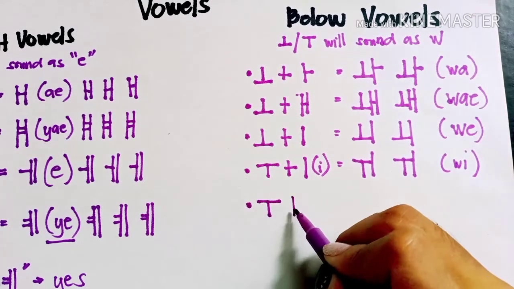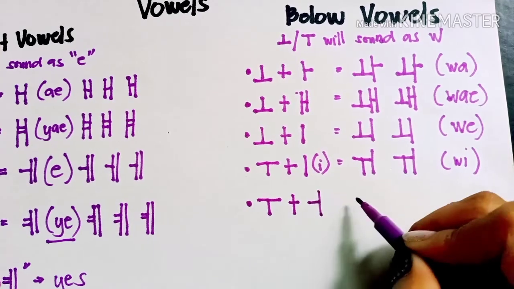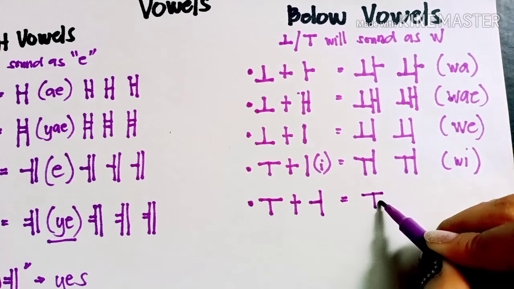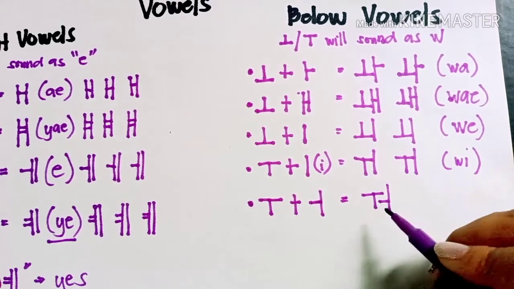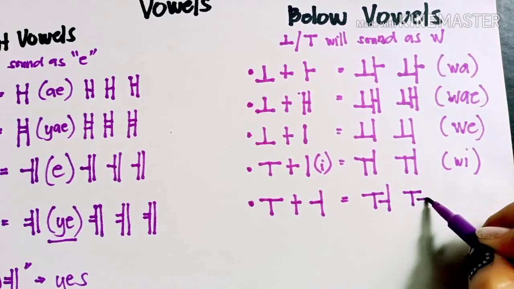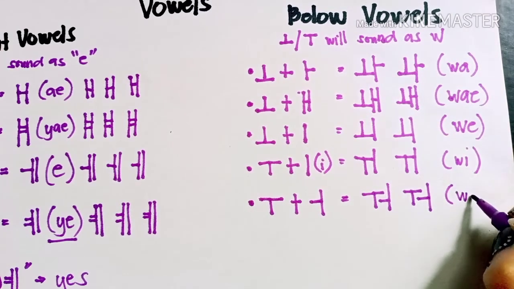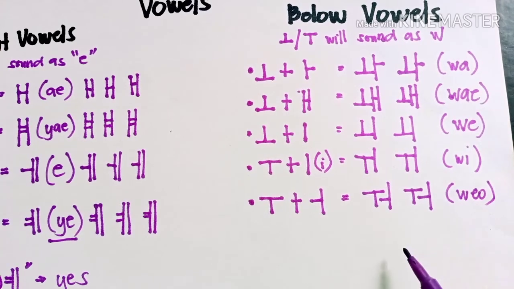Next one is the vowel W plus O. It will become Wo. W, then O becomes Wo.